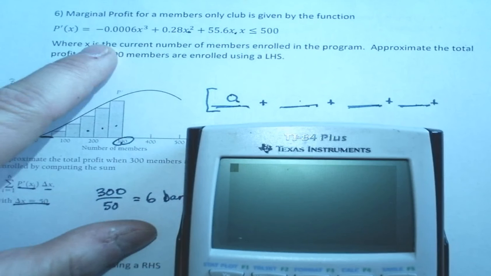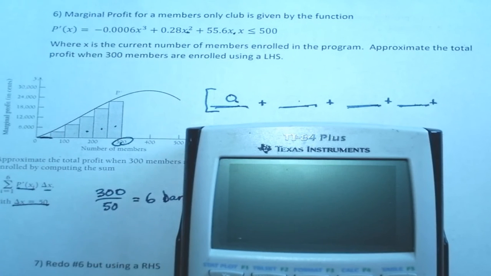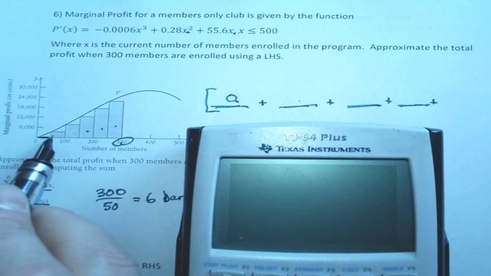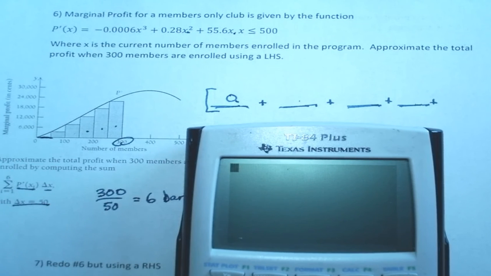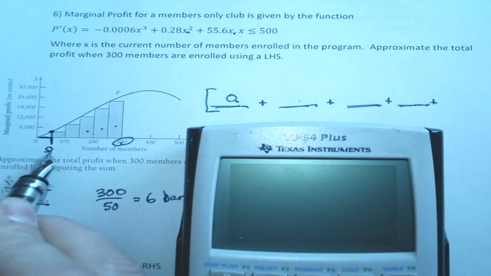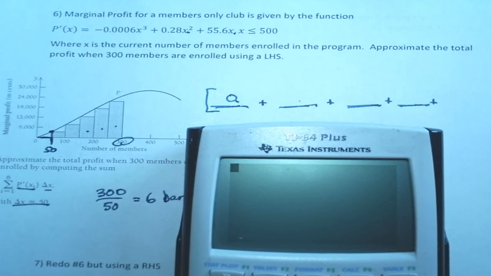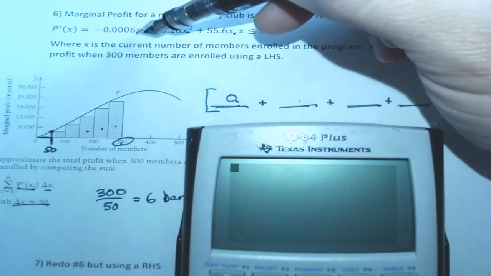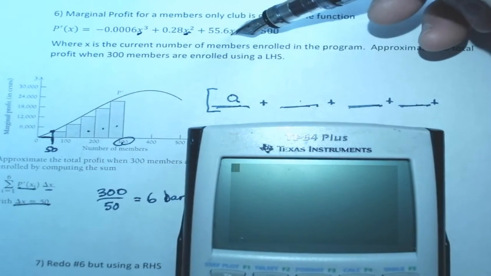I'm going to slide this so that you can see it. Here's my function. The left-hand side of this bar is at x equals 50, so I'm going to plug in 50 here, here, and here.